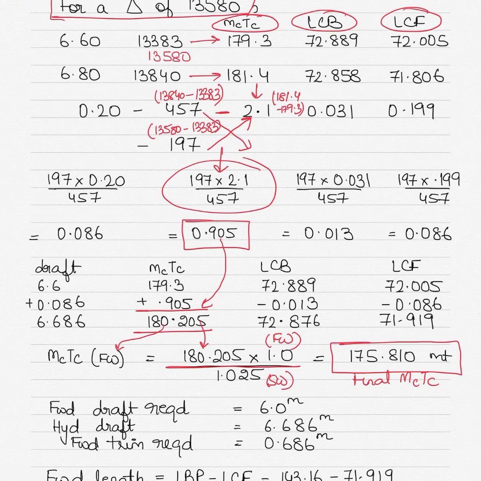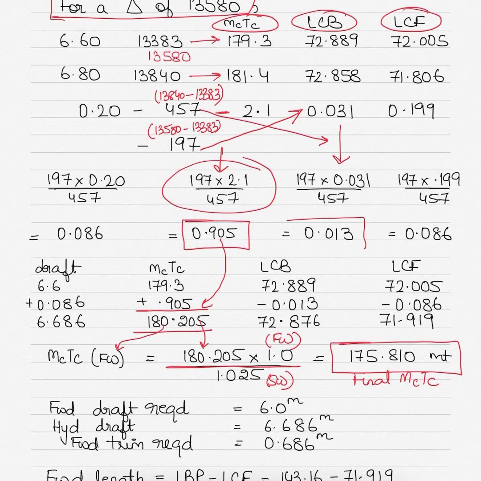Similarly, you will do an interpolation for the LCB value. That's why I said you can either use the draft first and then go as per that, or you can straight away use the displacement. So for a difference of LCB, you can interpolate the LCB. So you get this equation here.